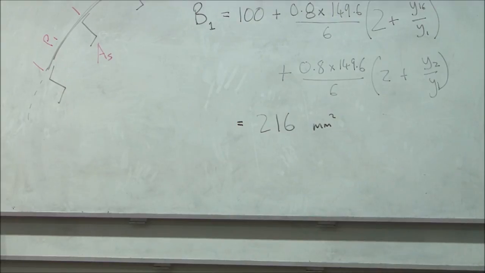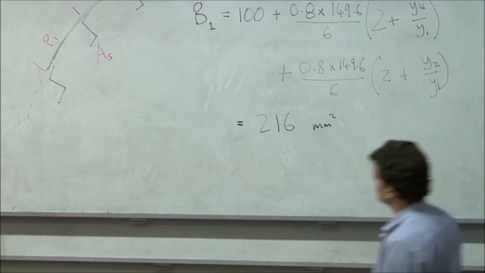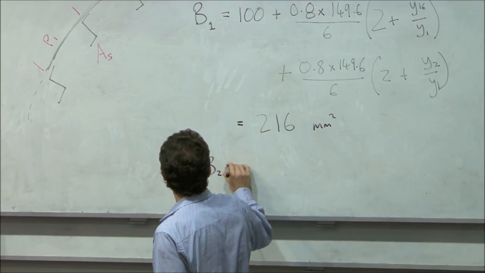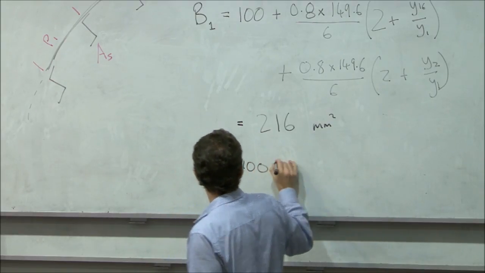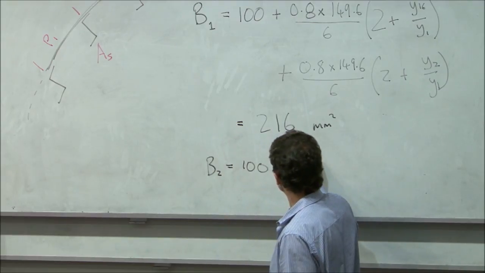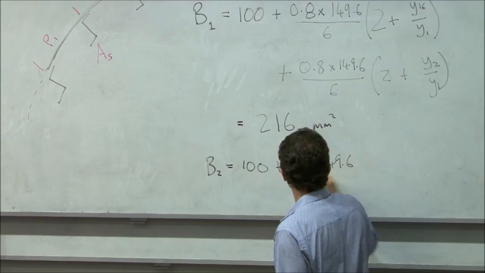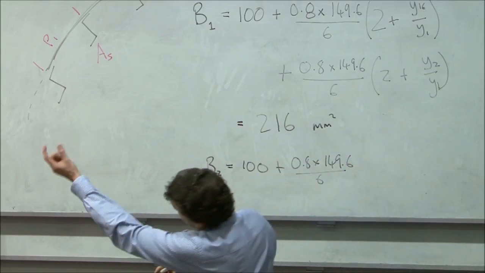Now, just so we know we've got the technique down pat, I'll do B2, which is 100 plus 0.8 times 149.6 on 6, because these are equally spaced.